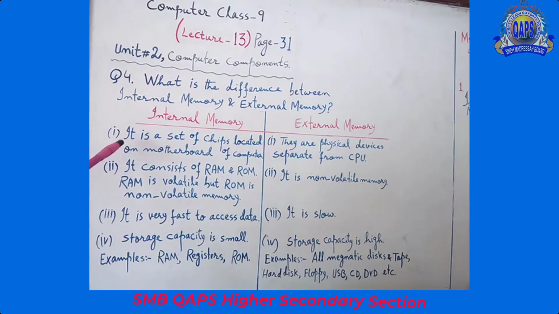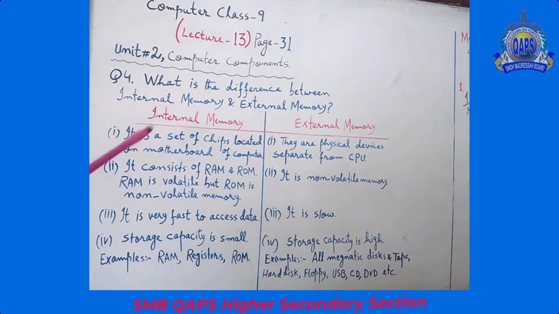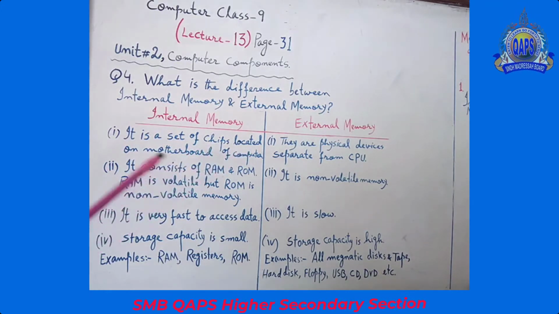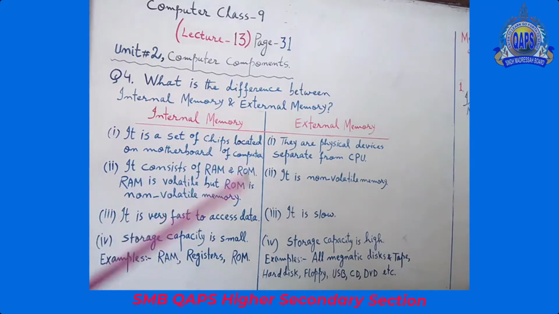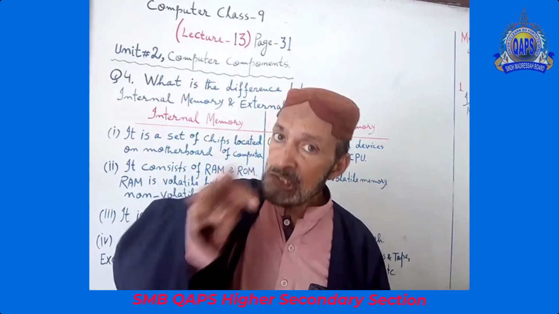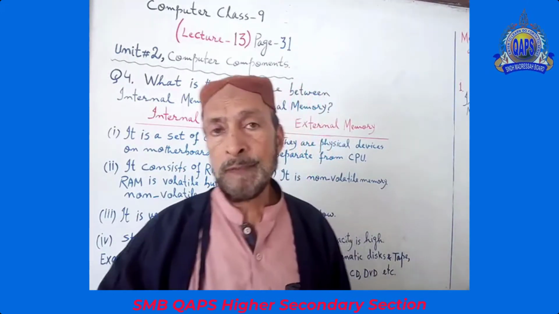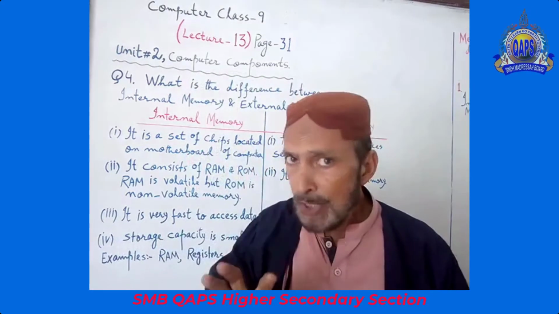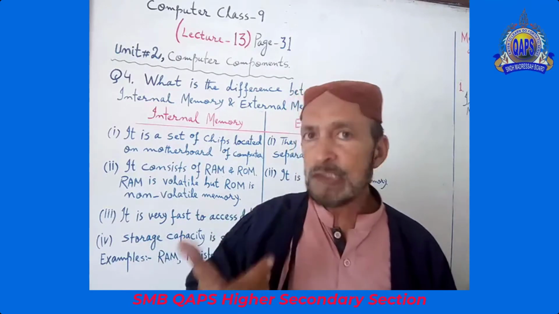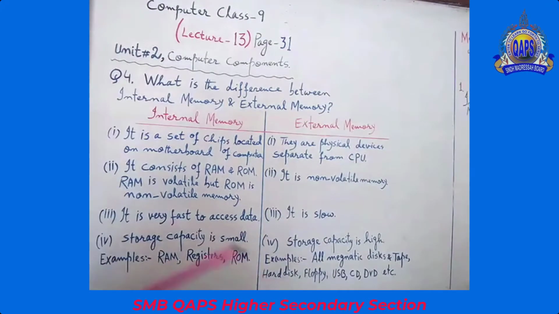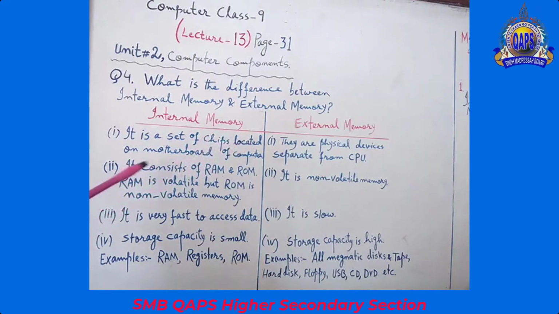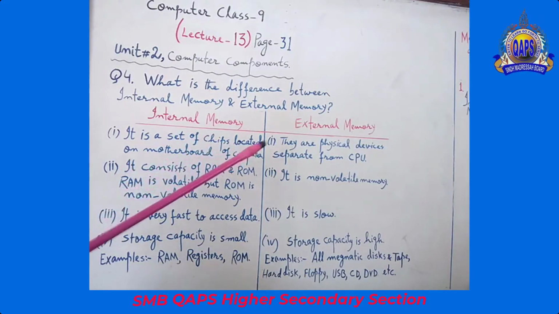Number one, internal memory is a set of chips located on motherboard of computer. It means it is inside the computer. Remember this thing. The internal memory is inside the computer. What is that? Chips located on motherboard of computer.